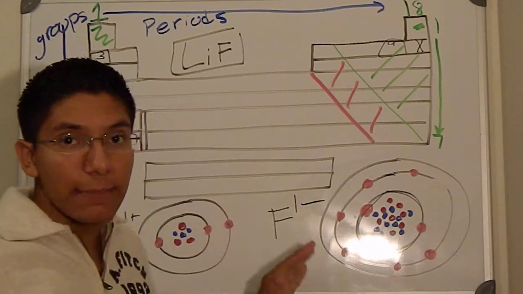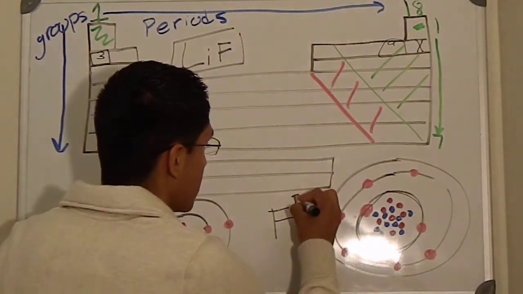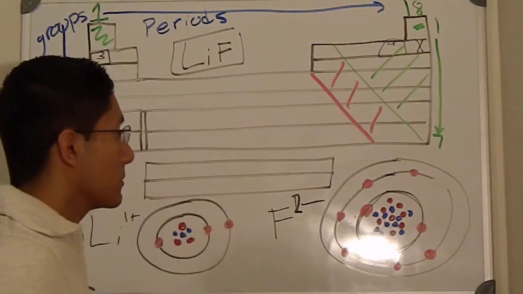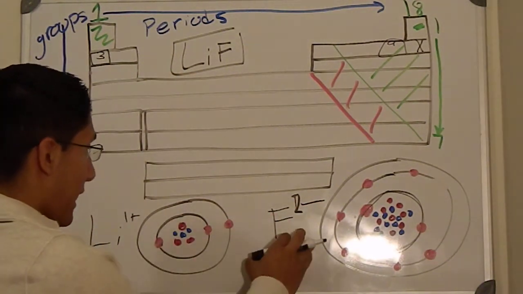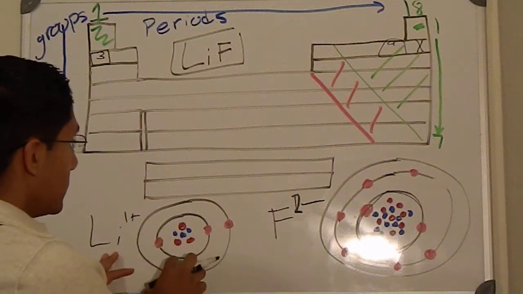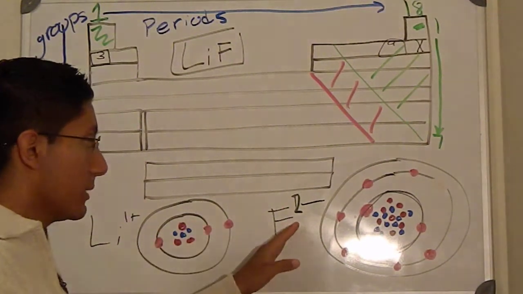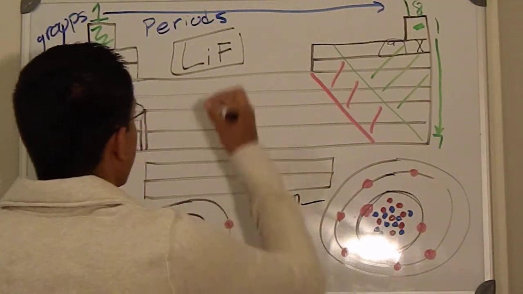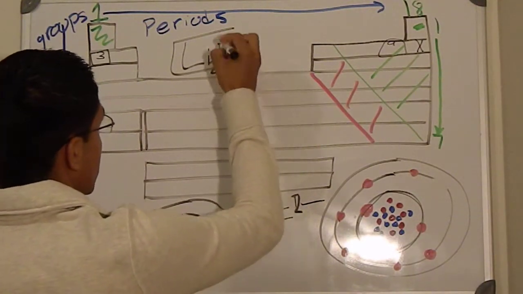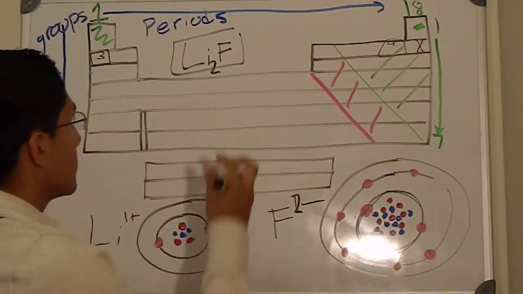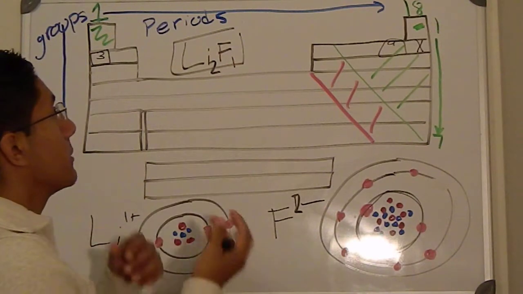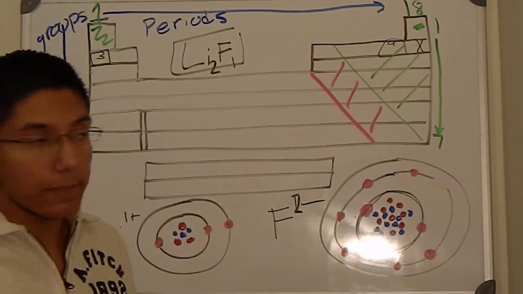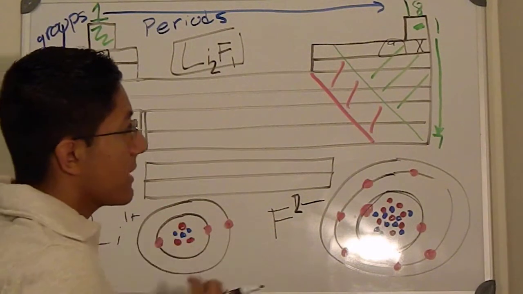Okay, in chemistry, this doesn't really want to lose 2. Okay, but just for say, okay. Now the combination would be, you need 2 lithiums to satisfy the fluorine's need of 2 electrons. Okay, so now it would be lithium 2, fluorine 1. You don't really write the subscript 1, but just know it's there. Alright, and that's basically the idea.